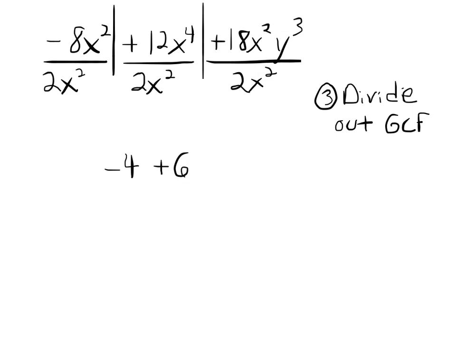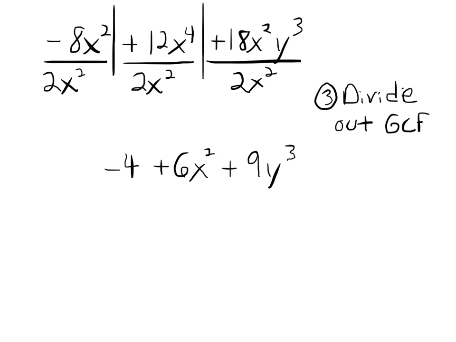And then x to the fourth divided by x squared, we subtract the exponent, so it would be x to the second power. And then this next one, 18 divided by 2, would be a positive 9. And then x squared over x squared, they cancel. And what's left? That y to the third. I'll give you a second to get that down.